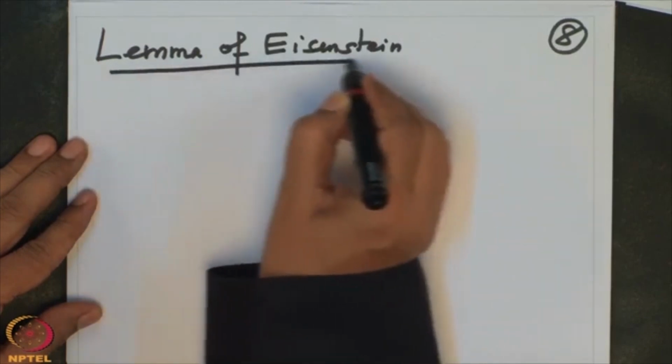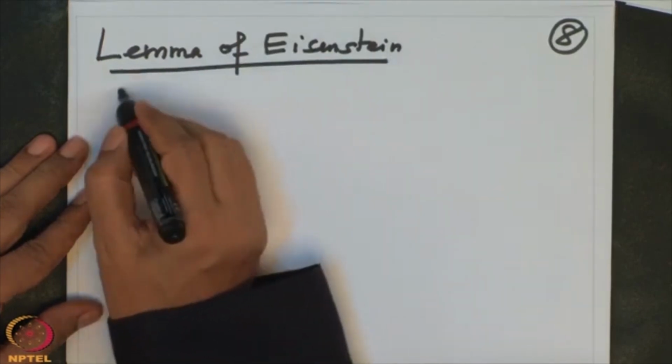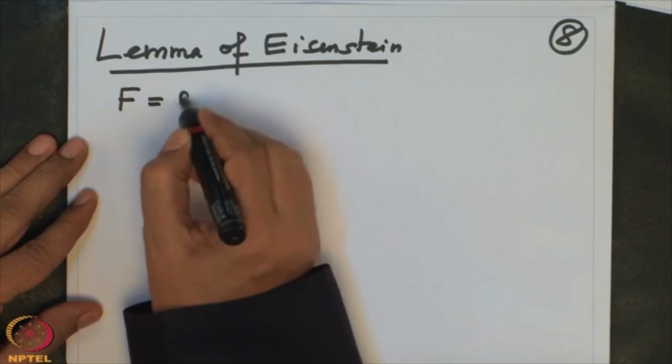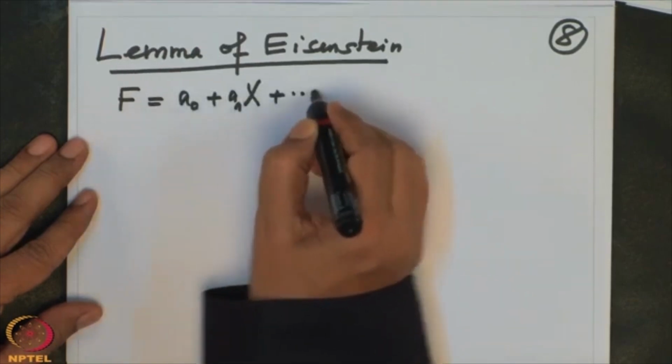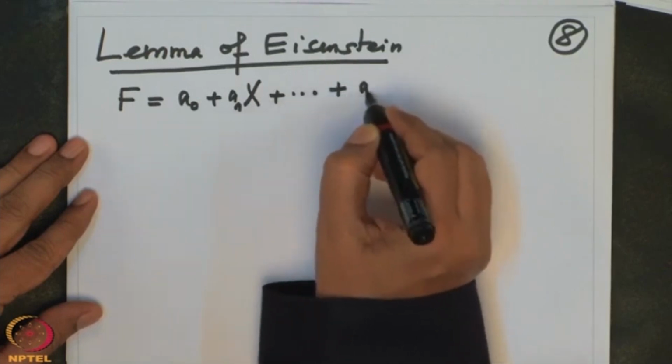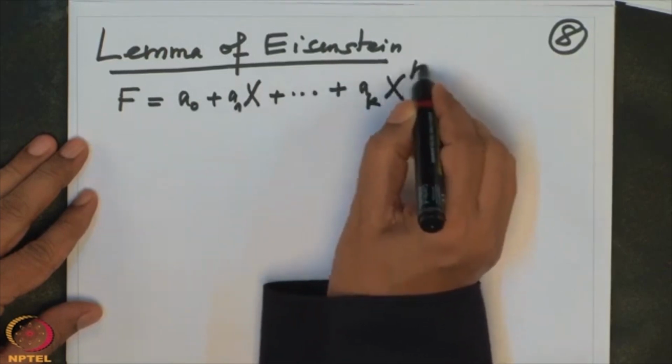What does it say? It says that suppose I have a polynomial f = a0 + a1 x + ... + ak x^k.